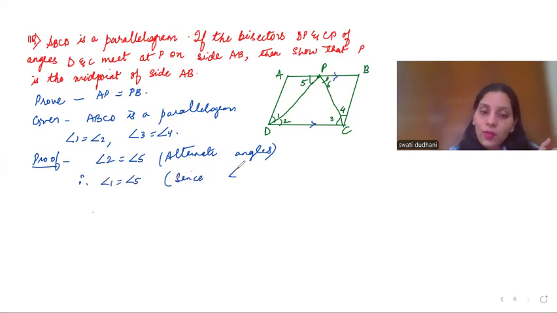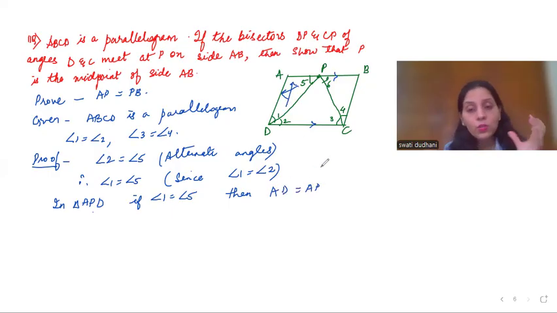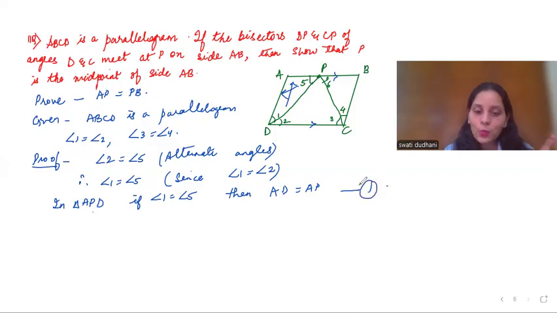So, in triangle APD, if angle 1 and 5 are equal, then what is the side opposite to angle 5? AD. And what is the side opposite to angle 1? AP. So AD and AP will also be equal, because if the angles are equal, their opposite sides will be equal. Let us take this as 1.